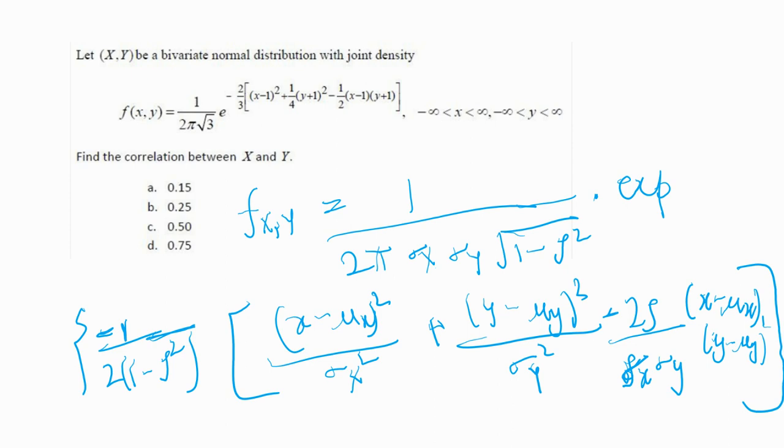If rho is 0, then this term will not come. When x and y are not independent, when they are correlated, this is the formula. I don't know whether the proof is given or not, but you can check.